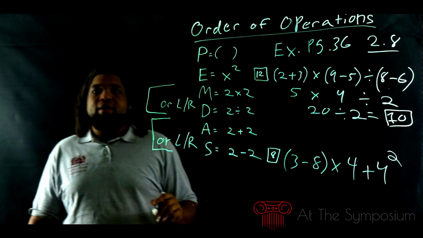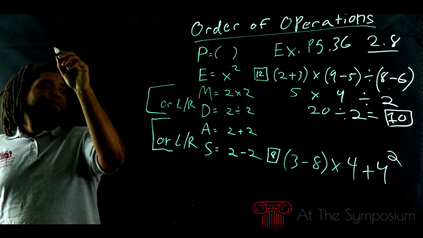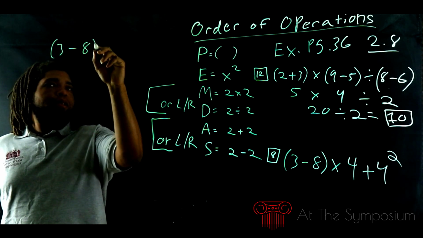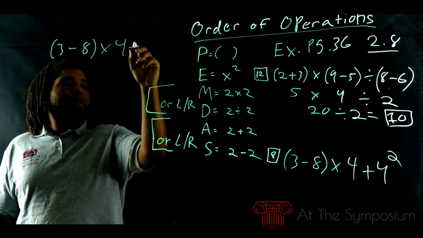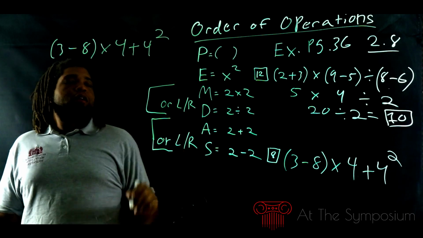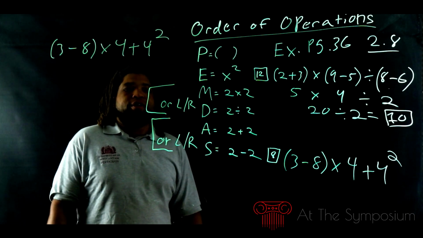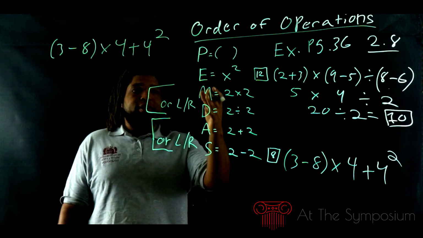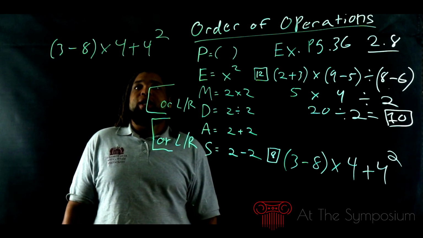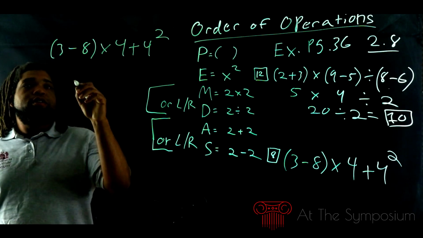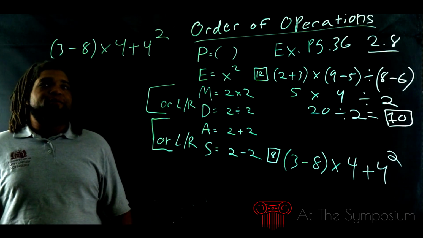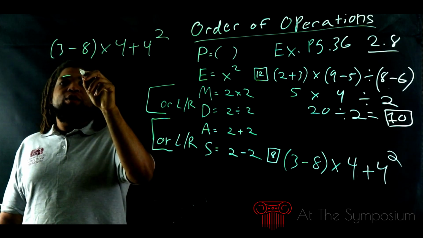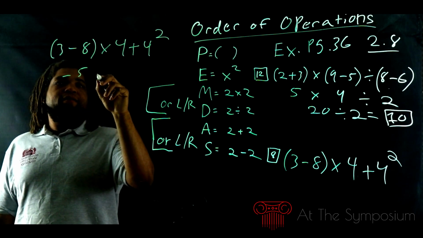For number 8, I'm going to write it over here. Number 8, we have 3 minus 8, times 4, plus 4 squared. Again, if we look at our series, what do we do? We do parentheses first. So 3 minus 8. Remember, when we're subtracting a larger number, it's going to leave us a negative. So that's going to give us negative 5.